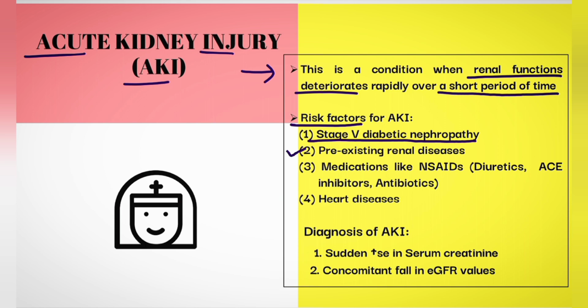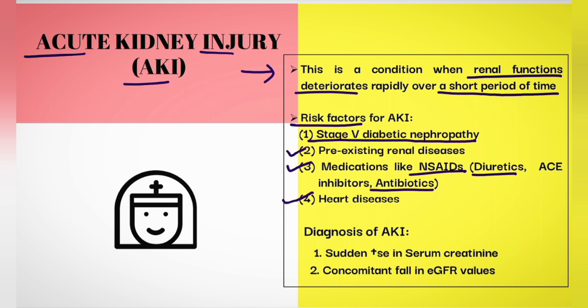There are some medications which also lead to acute kidney injury. Those are some NSAIDs, some diuretics, antihypertensives like ACE inhibitors, and a few antibiotics. If any person has heart disease, it is also a risk factor for development of acute kidney injury.